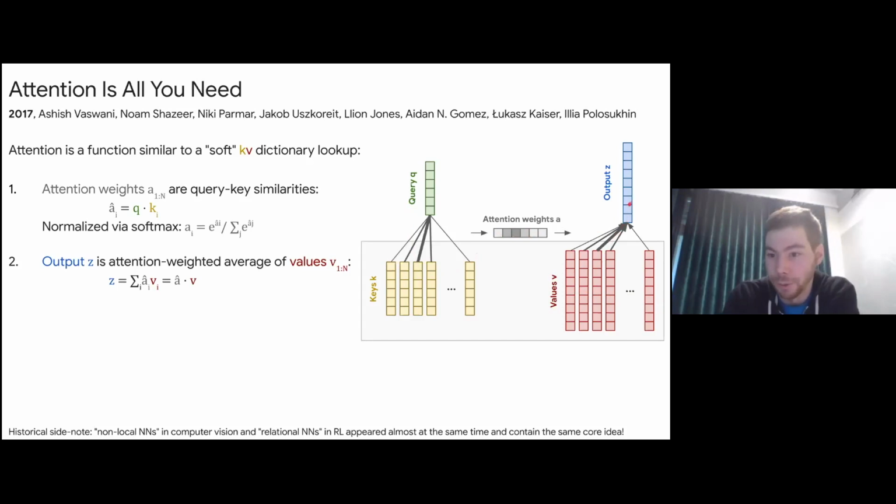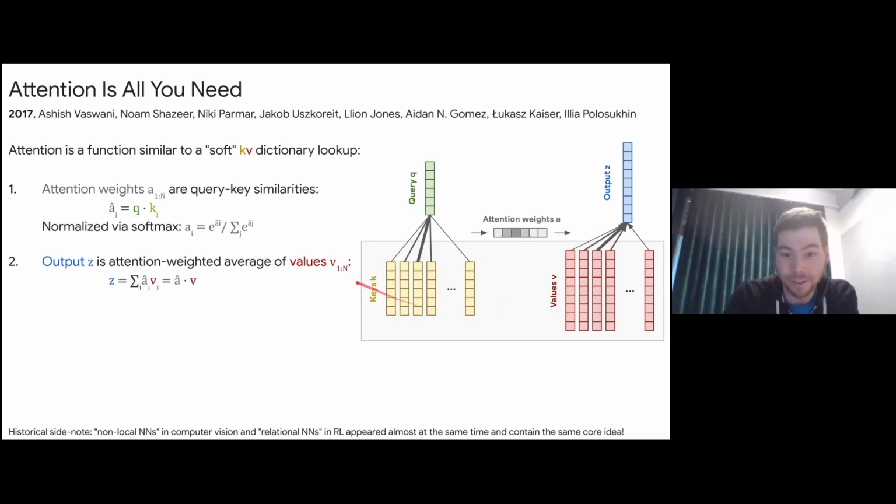And so the output would be very close to one of these value vectors. So far, so good. So far, this is really a very convoluted way of just saying dictionary lookup, right? Give me the value for that query. But I said soft dictionary lookup.